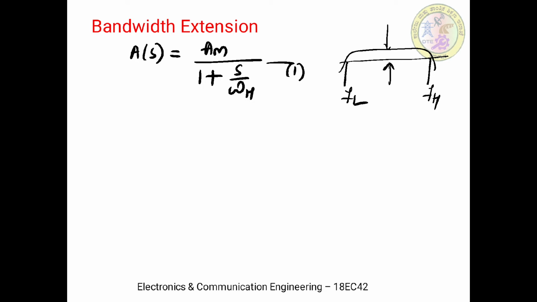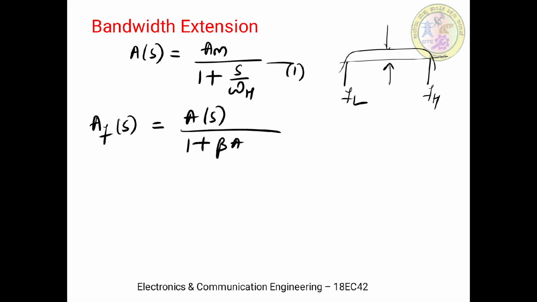So therefore now the closed loop gain AF of S will be given by A of S divided by 1 plus beta into A of S. AF of S is known as closed loop gain. So it is equal to again A of S by 1 plus beta times A of S.